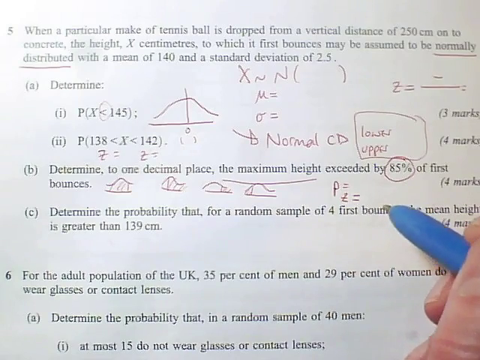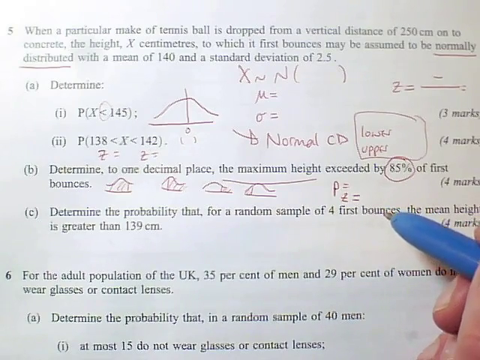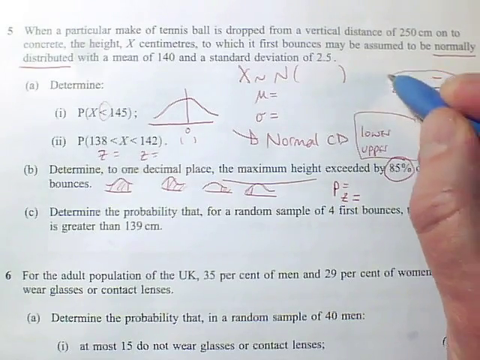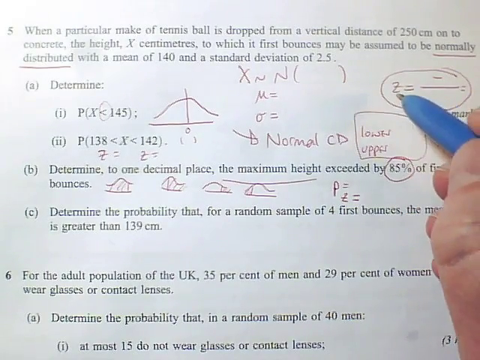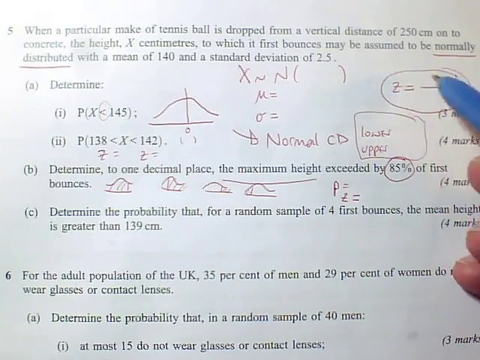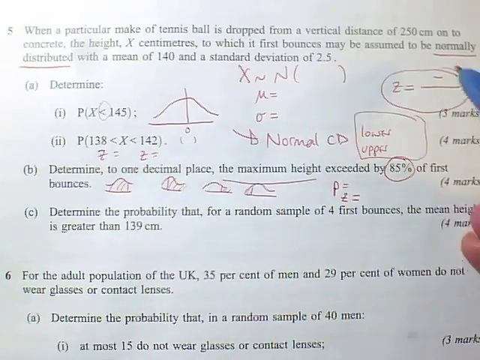Make sure your z value is positive or negative as you'd expect from your diagram. And then you use the z formula, the same formula as you used before, but you use it backwards. So you know the z value, there's something here, it's going to be a height, it's going to be an x value. You don't know it. So you again put 3 things in, but this time you have to rearrange and solve.